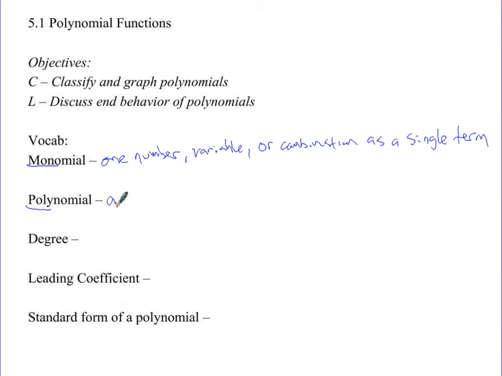So my definition is going to be a string of monomials put together by addition or subtraction. So a polynomial has many terms. It could have one term, though. It could have 2 terms, 3 terms, 4 terms. It could have any number of terms. And each one of those terms is separated by addition or subtraction.